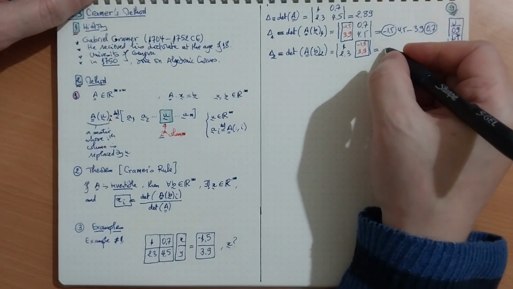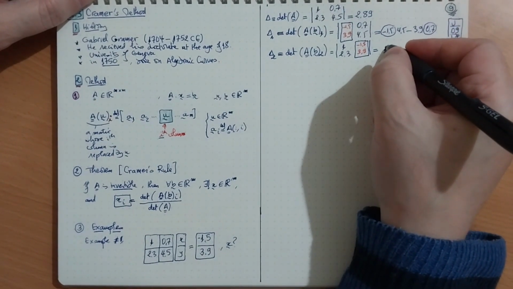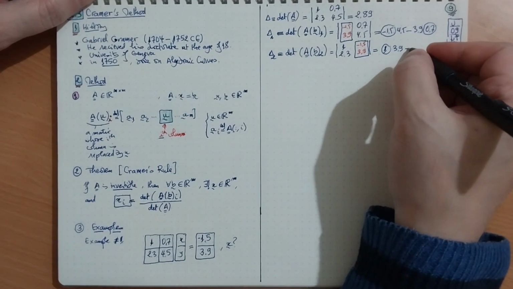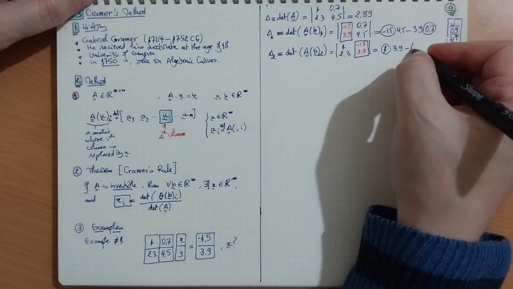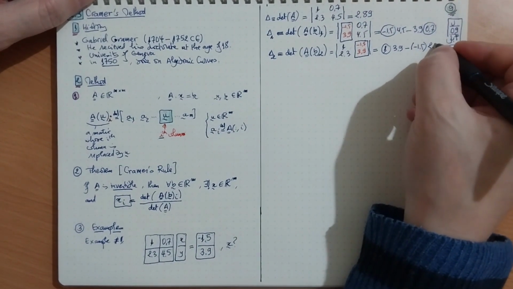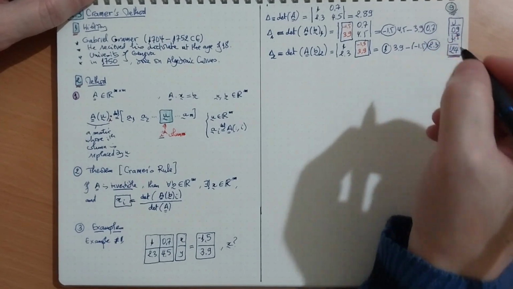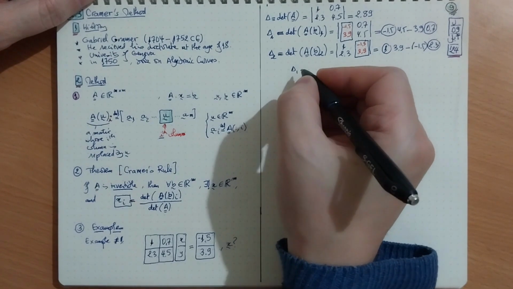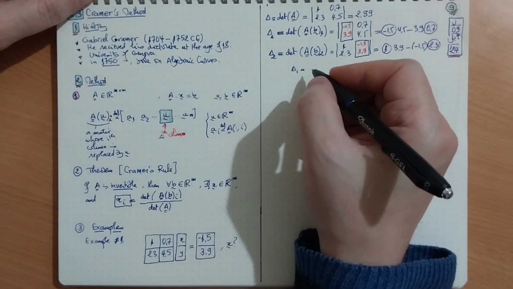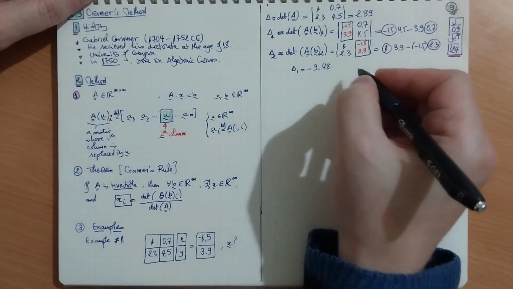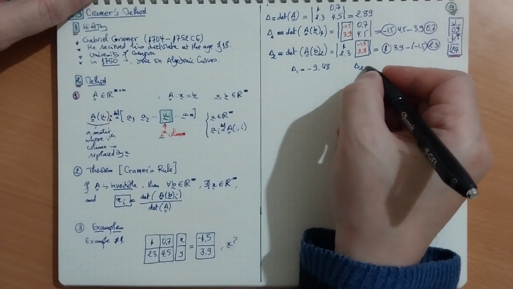And here 1 times 3.9 minus 1.5 times 2.3. And we find delta 1, I've already done that, minus 9.48, and delta 2 is 7.35.